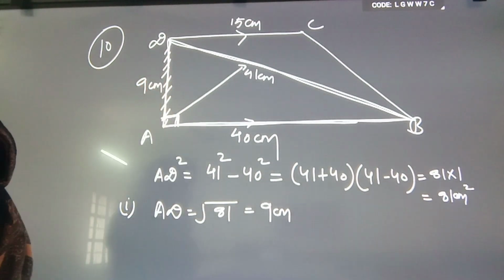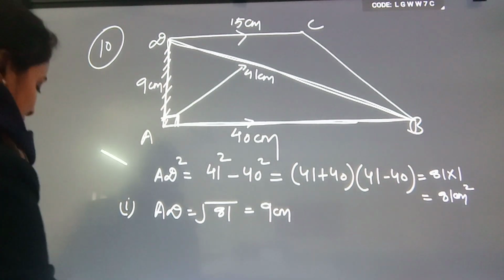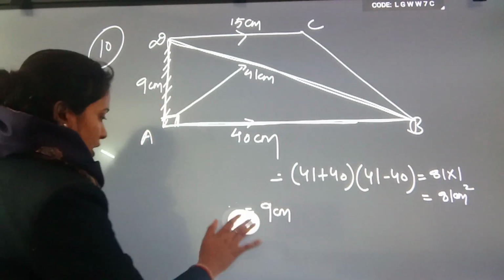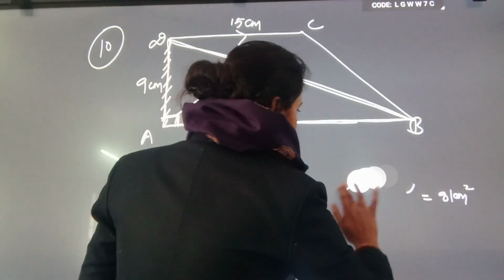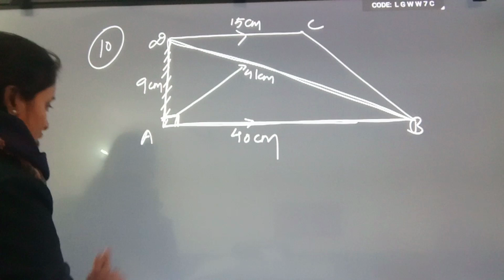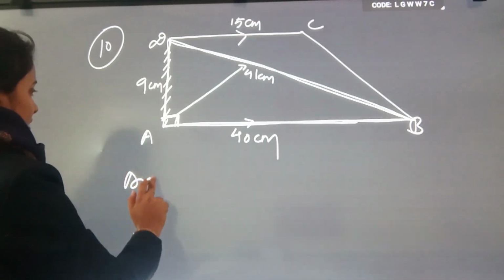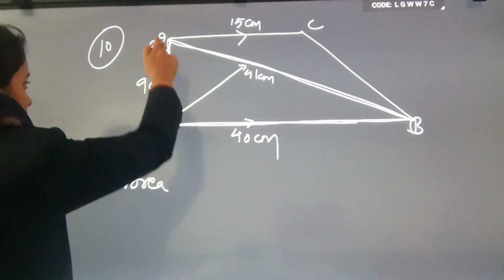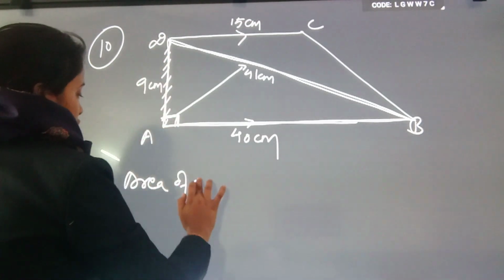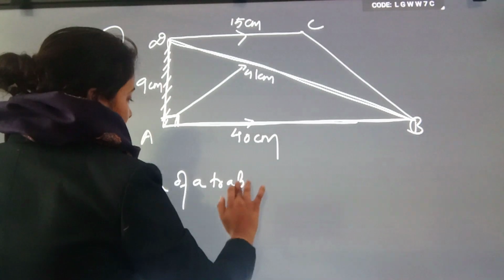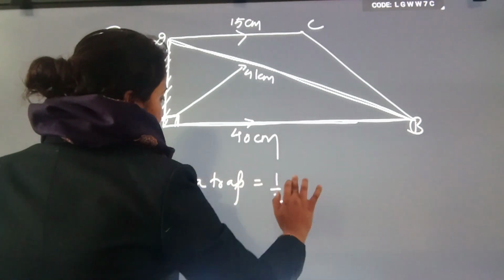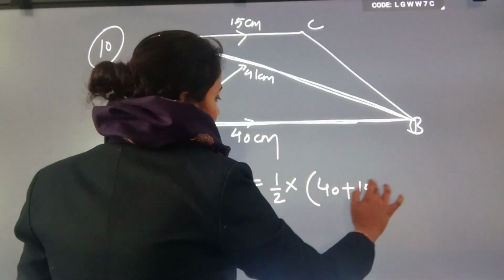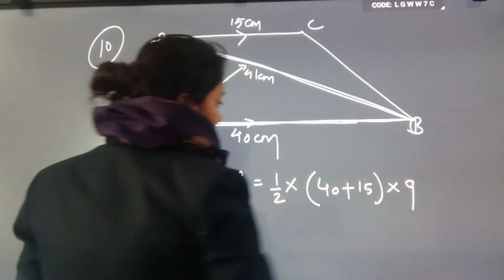Now, in the second part, it is asking you to find the area of the trapezium. Can you see that ABCD is the trapezium given, in which we have two parallel sides, which are 15 and 40, and the distance between them is 9 centimeter. So the area of a trapezium is half into the sum of parallel sides, that means 40 plus 15, into the distance, that is 9.